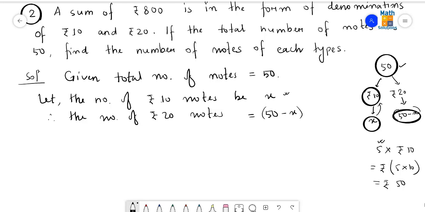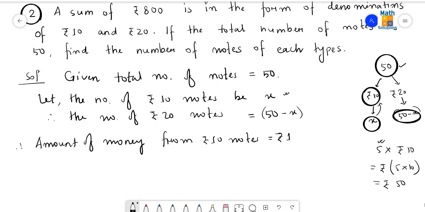Therefore, what will be the total amount from these rupees 10 notes? Let us check that. Hence, the amount of money from rupees 10 notes will be equal to what?